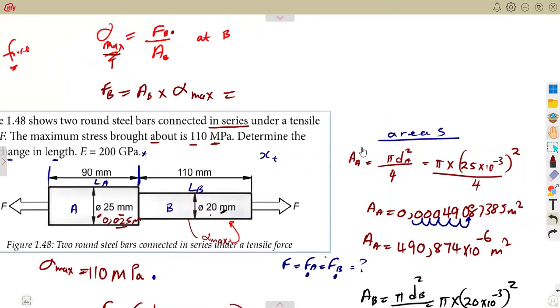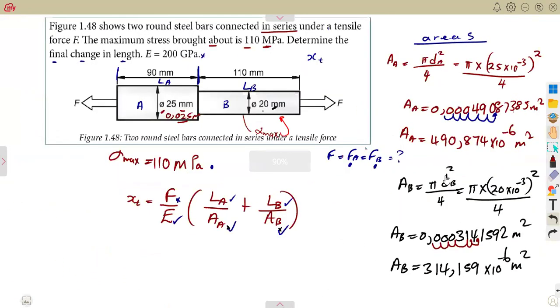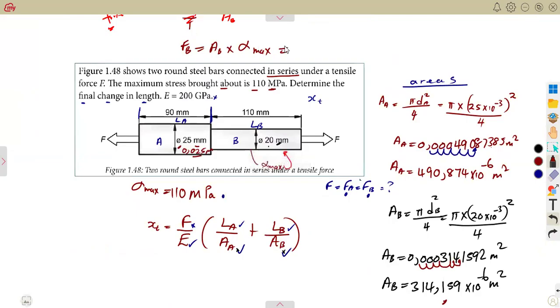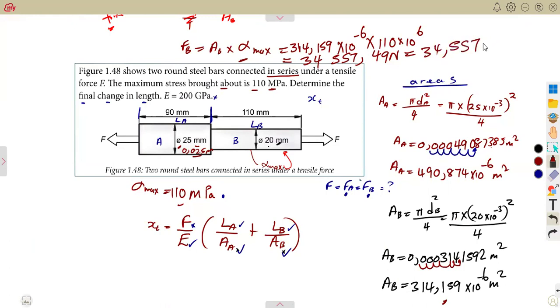We calculated this area at B, remember: 314.159 times 10 to the exponent of negative 6, times the maximum stress of 110 times 10 to the exponent of 6 pascals. That gives us the force, 34,557.49 newtons, which you can write in kilonewtons by dividing by 1,000, which is 34.557 kilonewtons. So this is the force at B.